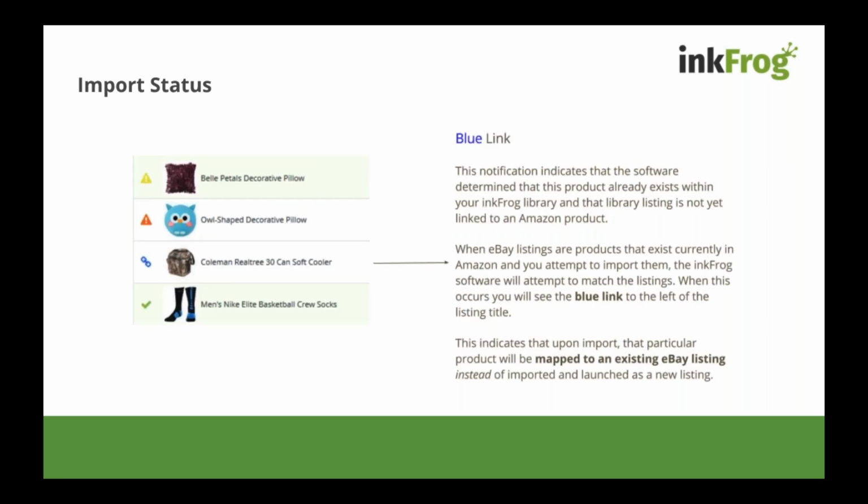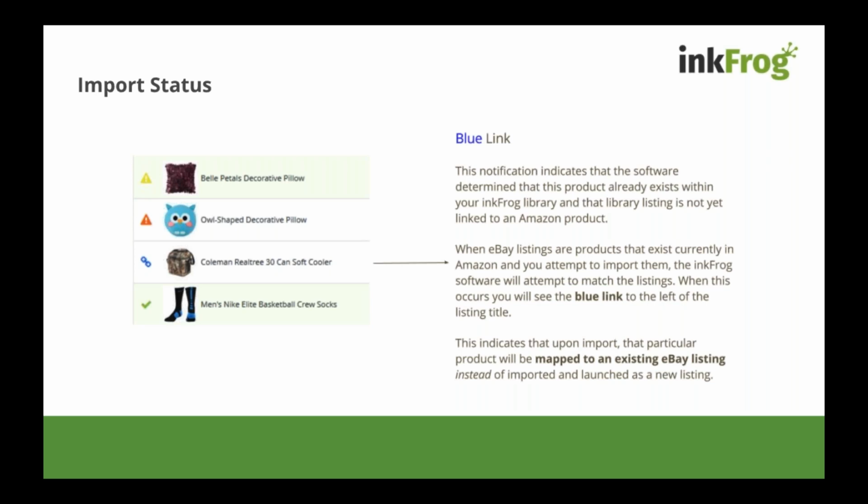A blue link. If you had existing eBay listings prior to this connection with inkFrog and connecting Amazon, and if the existing Amazon product matches exactly the eBay listing as far as SKU number and/or title, then during the import process, it will automatically link itself to the existing eBay listing.